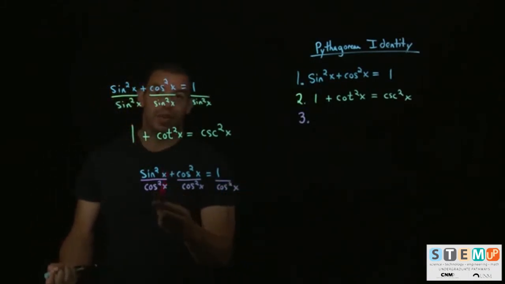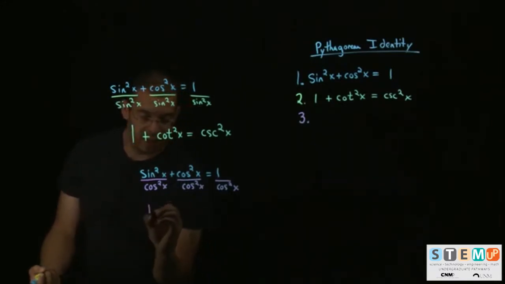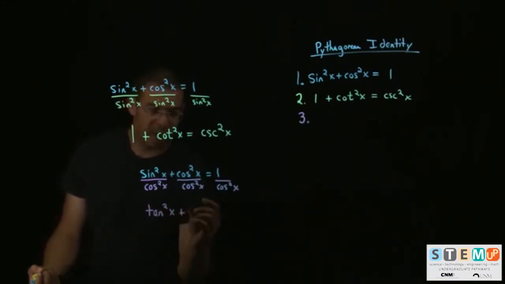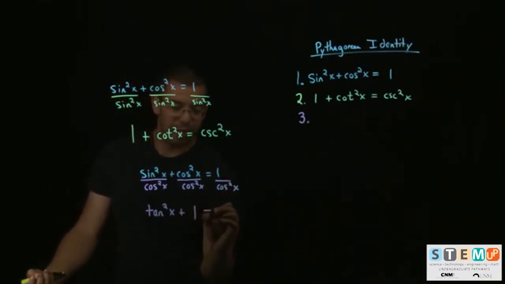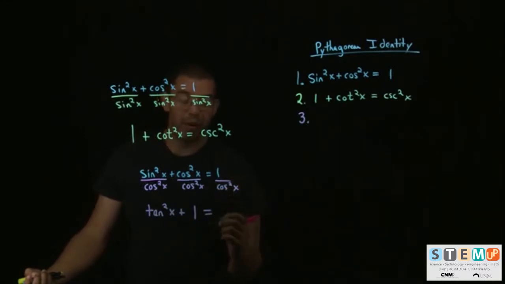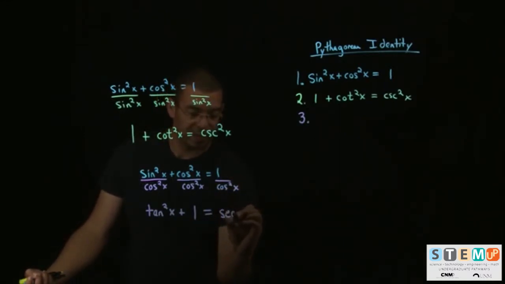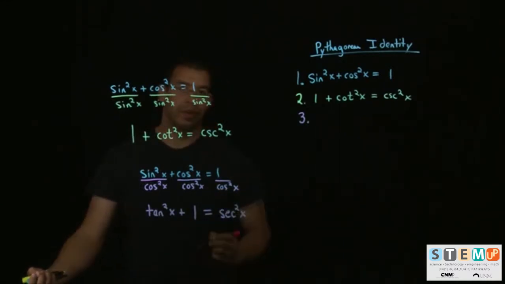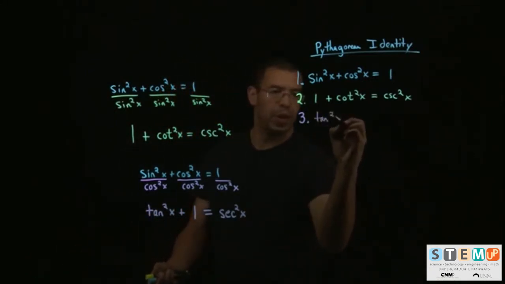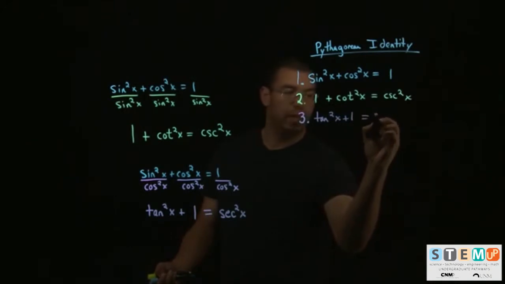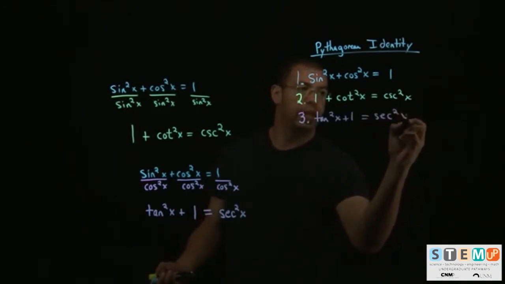So I have sine squared divided by cosine squared. That's just tangent squared. Cosine squared divided by itself, that's 1. 1 divided by cosine squared, that's just secant squared. And so there's all 3 of your Pythagorean identities.